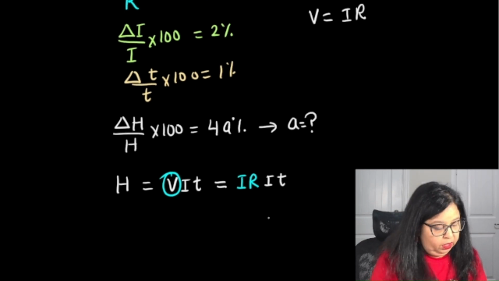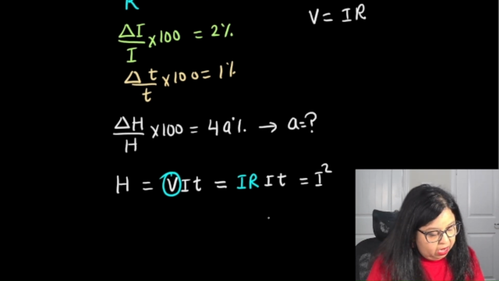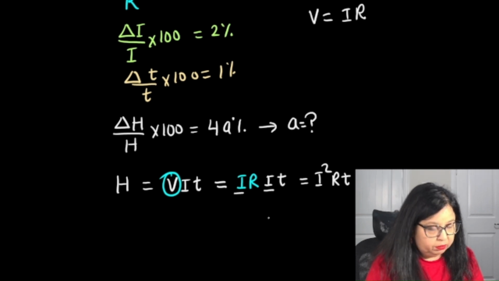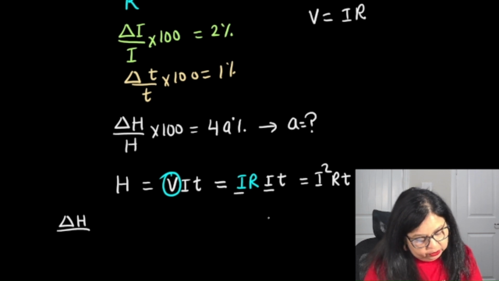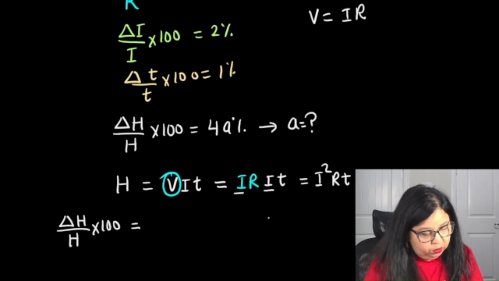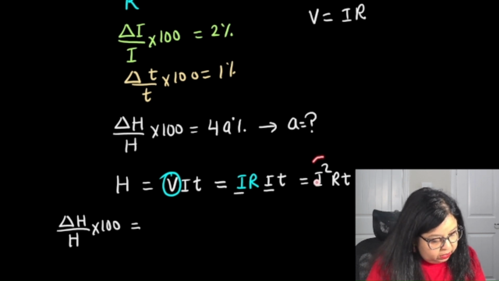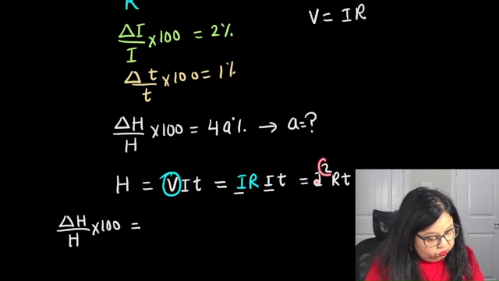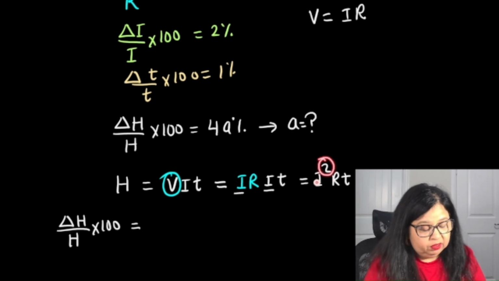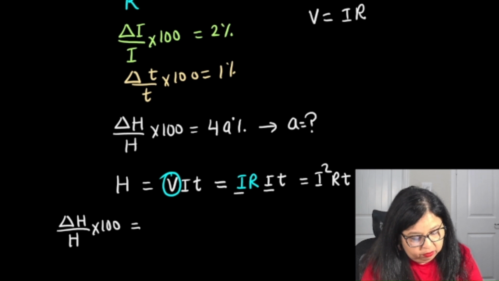See this? From here, we get I squared, this I times R times T. So delta H over H times 100 will be equal to the percentage error in this I squared, which will be this 2. It becomes the coefficient. How?